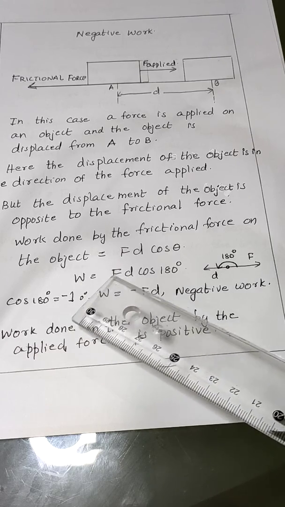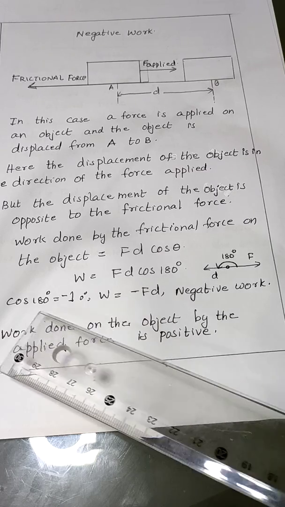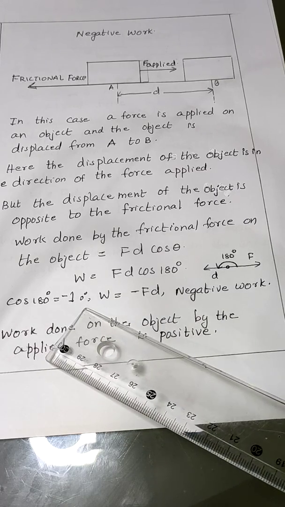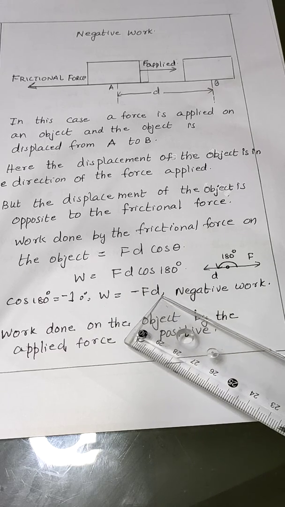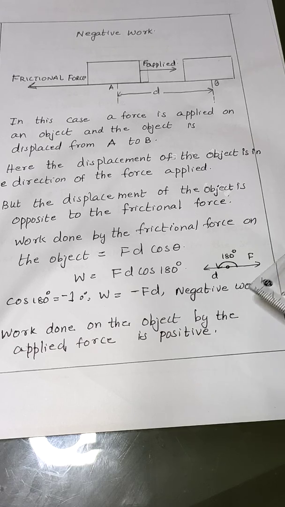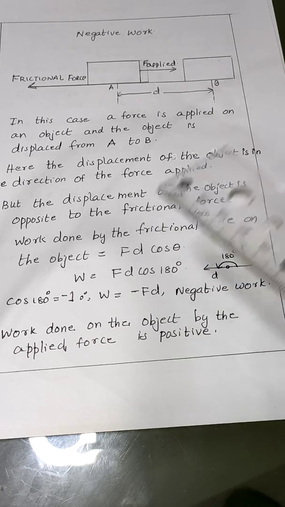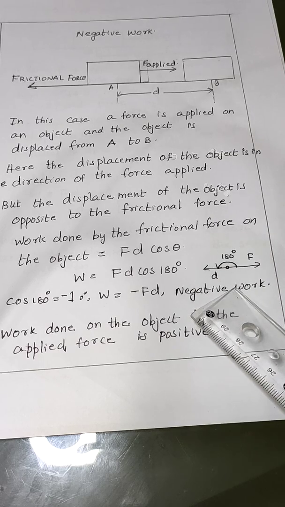So the work done is Ft cos 180 degree. Cos 180 degree is -1, which means W equals minus Ft, that is negative work. So the work done by the frictional force on the object is negative.